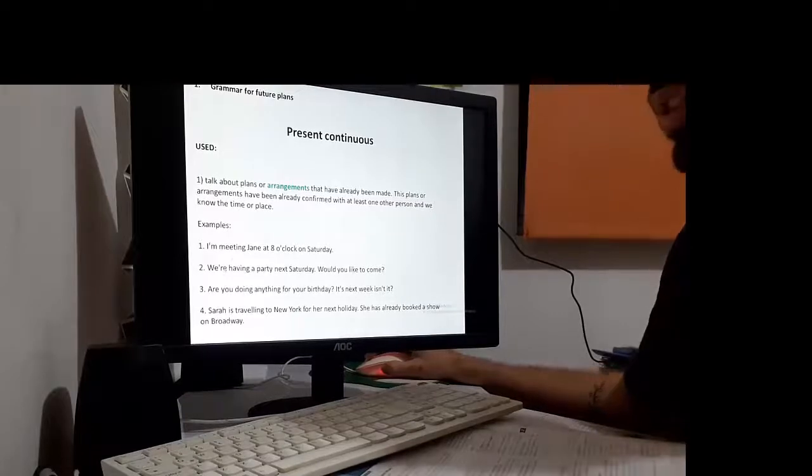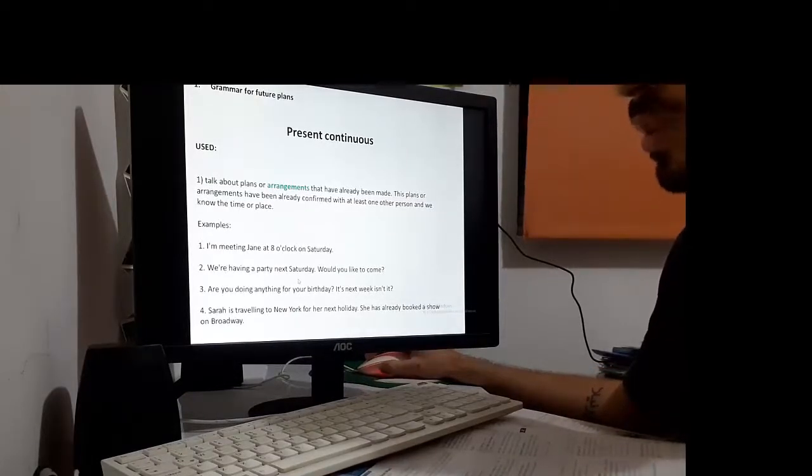Okay, let's continue. Number 2: we are having a party next Saturday. Would you like to come? As you know, something really important is going to happen, that is a party. Parties are really important. So someone is telling you that there is a party next Saturday.